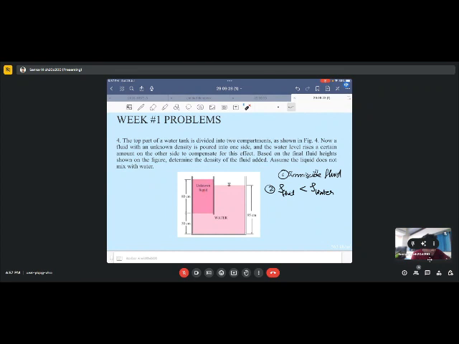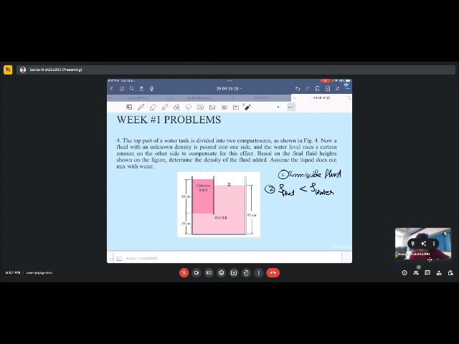Now, suppose this liquid was not there. Suppose this area was also filled with water. We would see the static pressure being equal at this particular level. But since this liquid is added, this water level has risen. If you add a liquid over here, the water level will never fall.